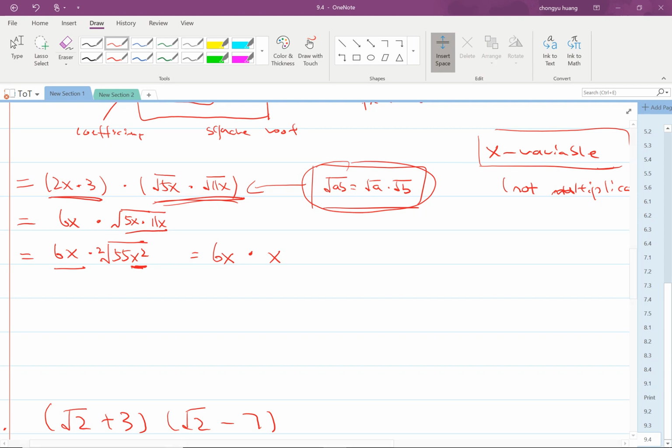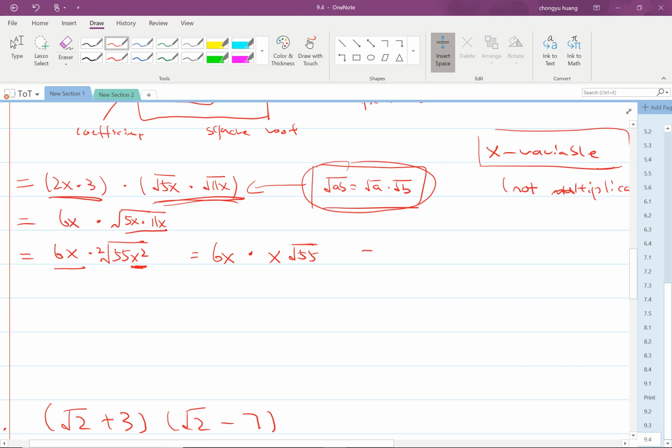Then you simply write down the square root of 55, because we have no way to write 55 as something to the power 2, so we are not able to simplify it. So you just write down the square root of 55.